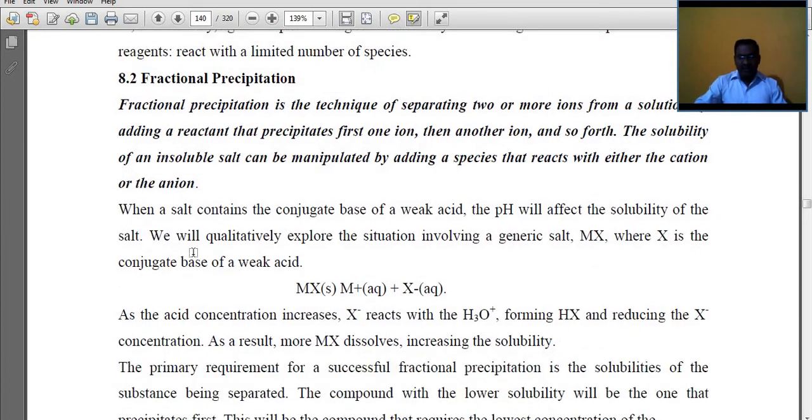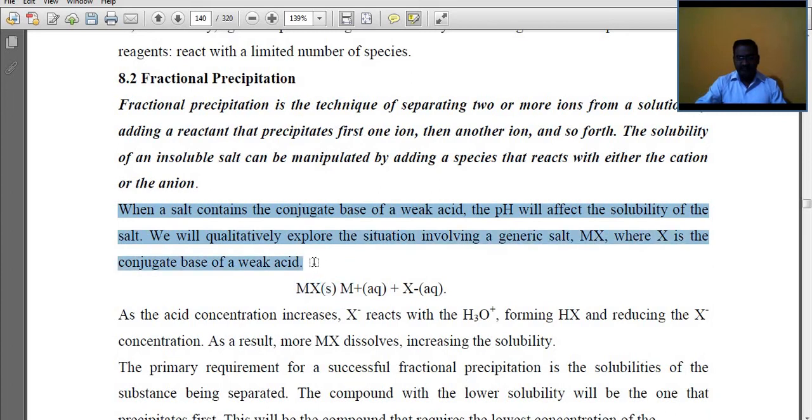When a salt contains the conjugate base of a weak acid, the pH will affect the solubility of the salt. Conjugate base means it accepts H plus ions, that is called what? Conjugate base.